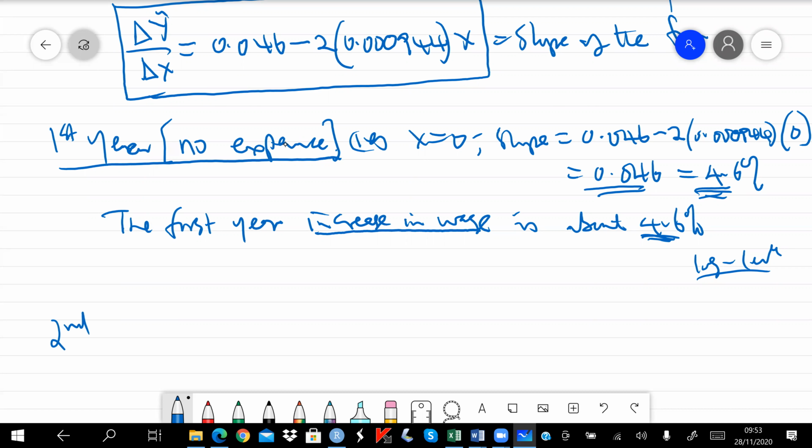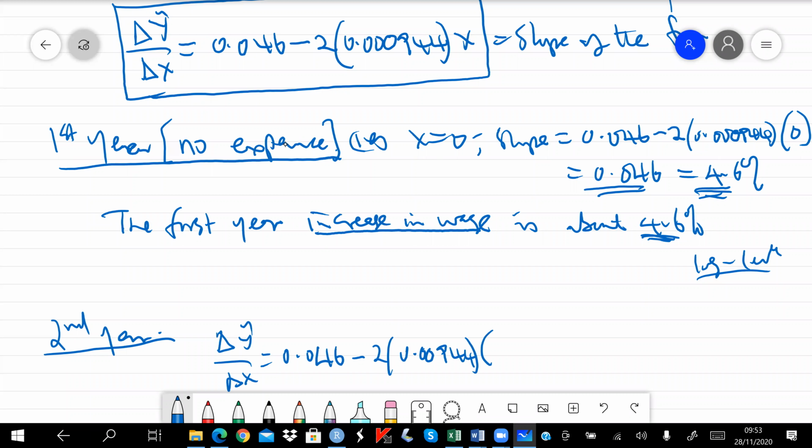In the second year, the slope, delta y over delta x, is 0.046 minus twice 0.00944, multiplied by 1.